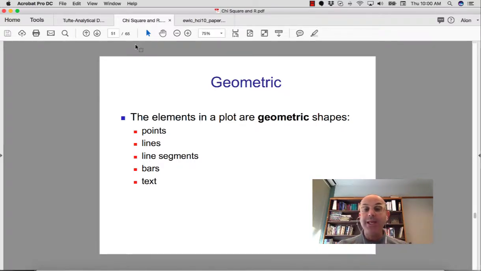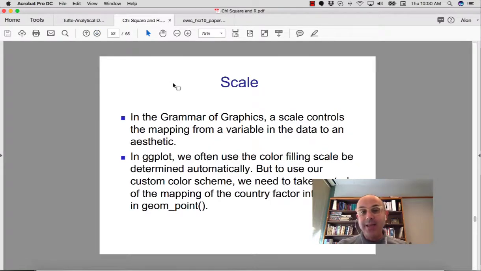Geometric shape in the package consists of points, lines, line segments, bar, and text, which are always important as it is. The scale in the grammar of graphics that Hadley uses as his framework is the aesthetic aspect.